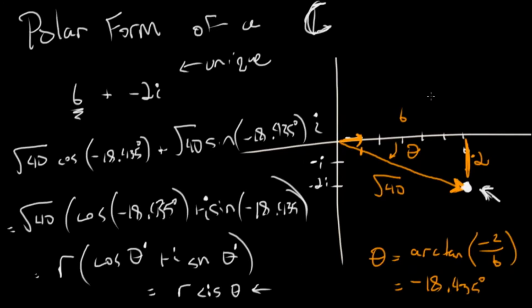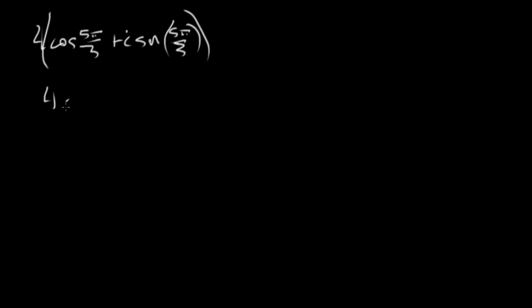You could use a positive angle that has the same terminal end. If I want to graph the number 4 (cosine 5 pi over 3 plus i sine 5 pi over 3), aka 4 cis 5 pi over 3.